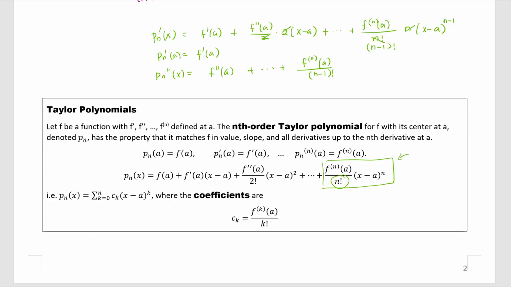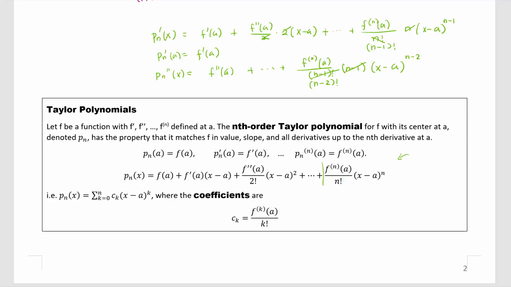But now, the derivative of x minus a to the n minus 1 is n minus 1 times x minus a to the n minus 2. You see? That n minus 1 cancels. We have n minus 2 factorial left. And with this pattern, it helps us to match all the derivatives. So that's why we have the n factorial at the bottom.